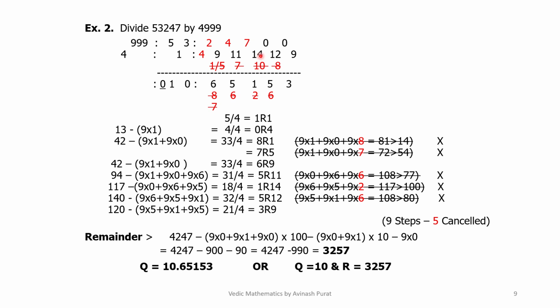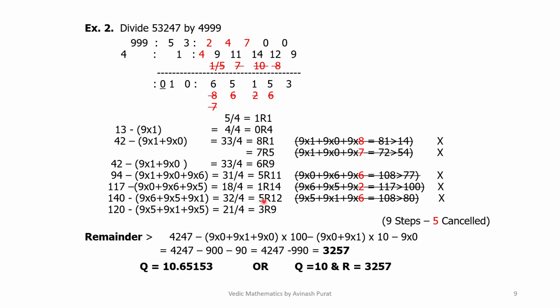Now the remainder is 14, 140 is the dividend, minus 9 into 6 plus 9 into 5 plus 9 into 1 equal to 32 by 4.